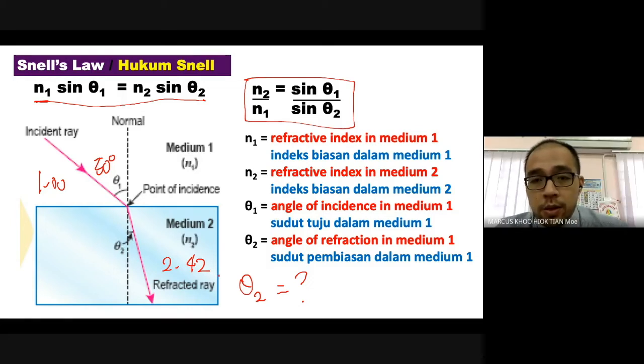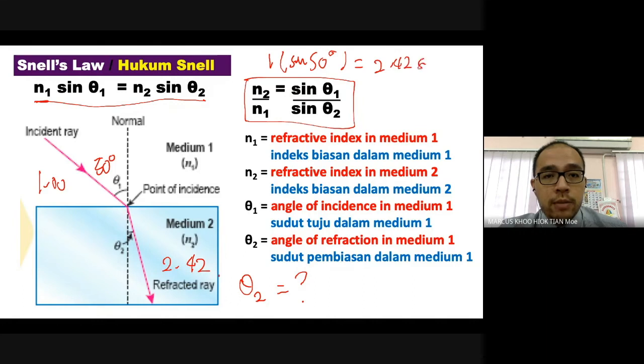So he substituted in here: 1 times sine 50 equals 2.42 times sine theta 2. Then after that, when you divide by 2.42, you get sine theta 2 equals 0.3165.